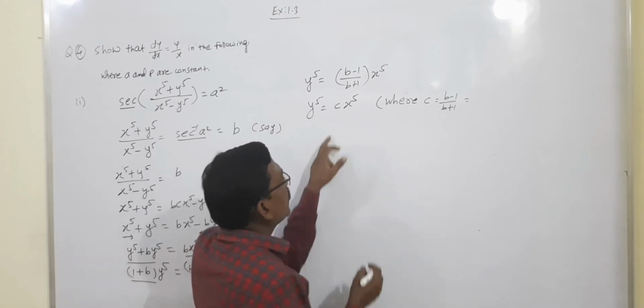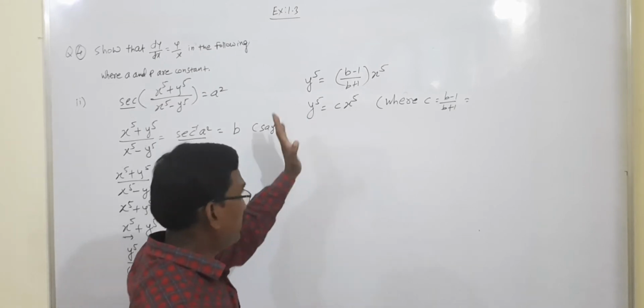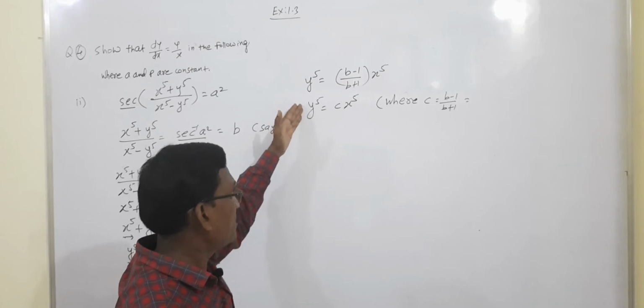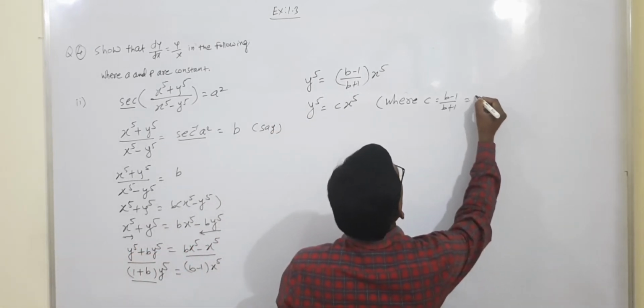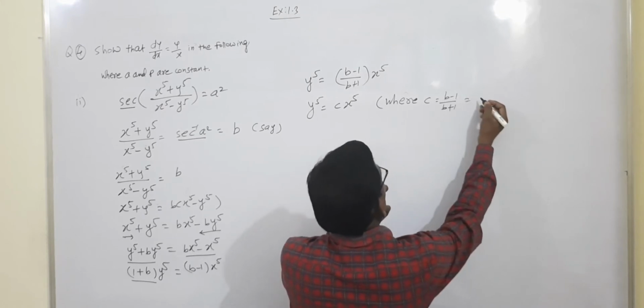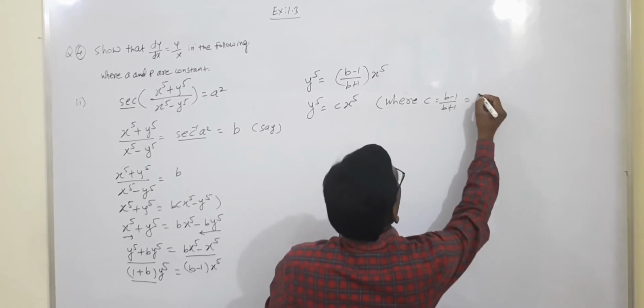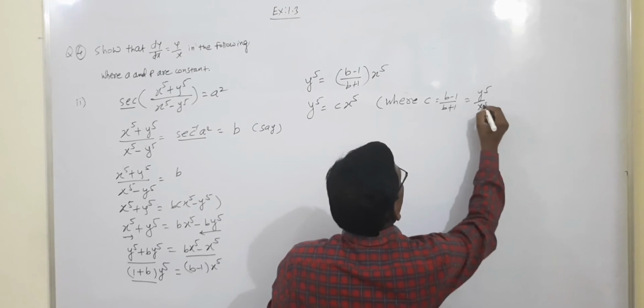When we take this x to the power 5 to the left hand side, it becomes y to the power 5 divided by x to the power 5 equal to c, also equal to y to the power 5 divided by x to the power 5.